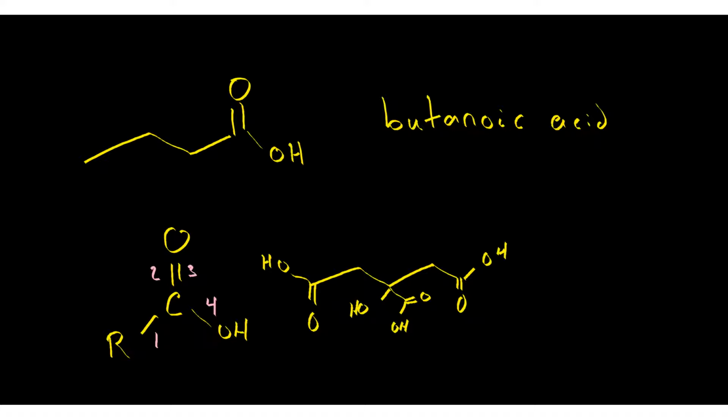But instead, they wanted to give it equal weight with the other carboxylic acid groups on there. So what happens is you don't actually count the carboxylic acids as part of the main chain, and you instead treat them sort of as carboxylic acid side chains, as carboxy groups.